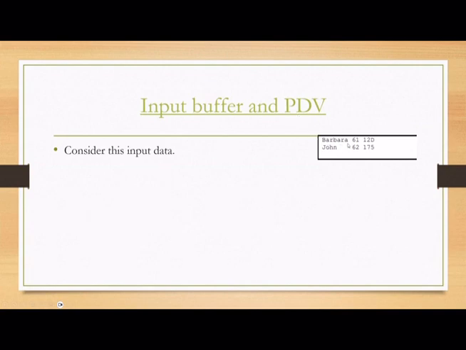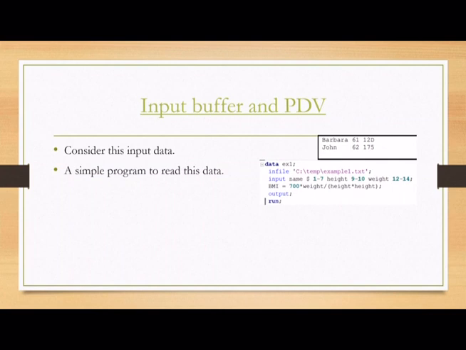Okay. We have a name. I think this is probably height and this is probably weight. Okay. And this is a simple program to read in this data. So here you have INFILE referring to this file wherever it's stored. INPUT 1 through 7, this is the column format input.